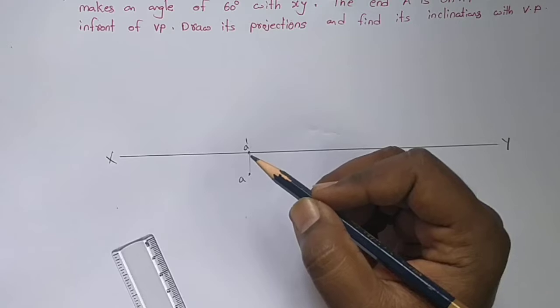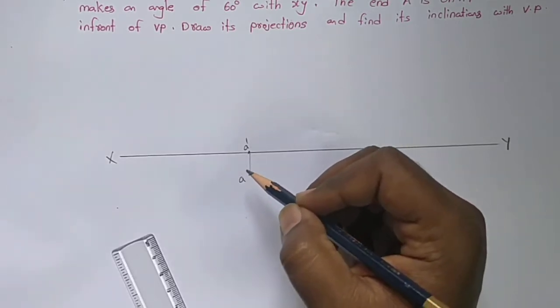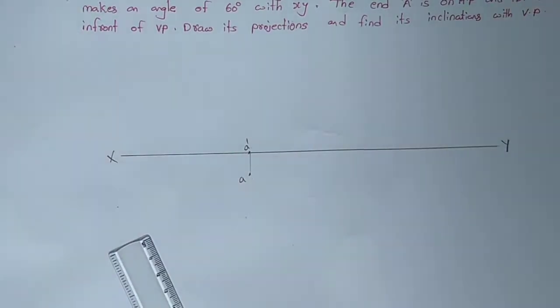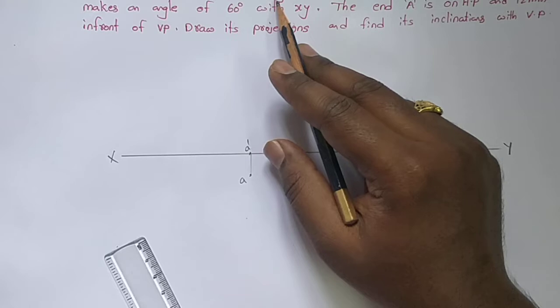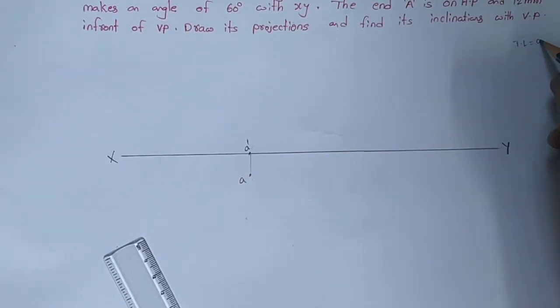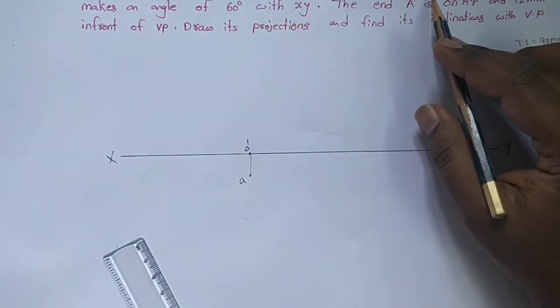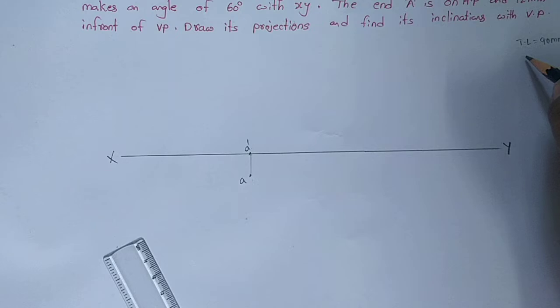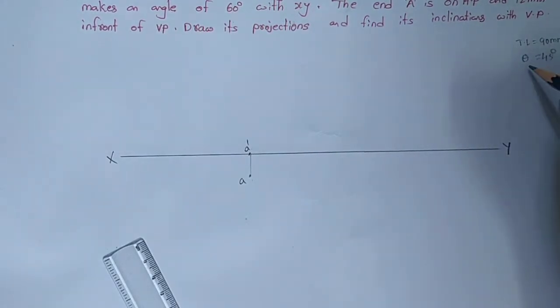Now we need to locate the end point of line AB, that is B dash and B. For this they gave a line AB of 90 mm long. That means it is a true length. True length of the line is 90 mm and it is inclined at an angle 45 degrees to HP. That means theta value is 45 degrees. Theta is nothing but the inclination between true length and XY.